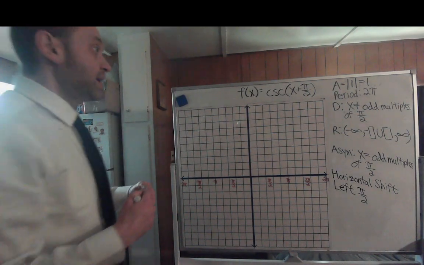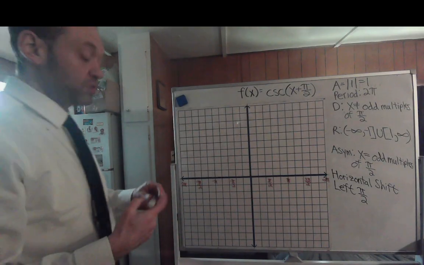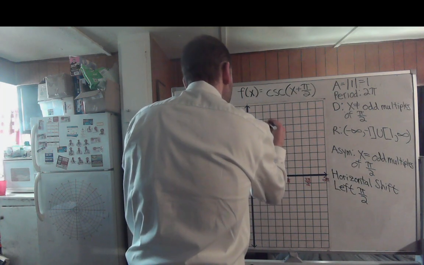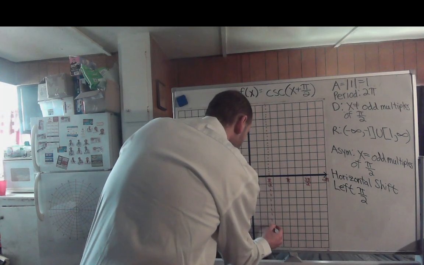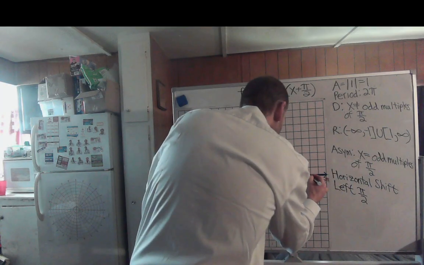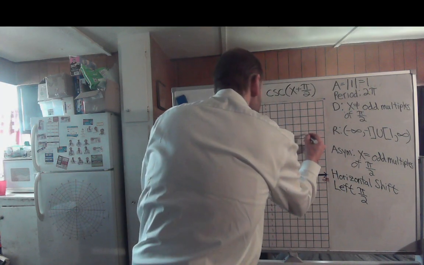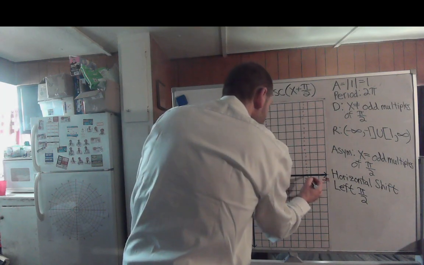Alright, so the asymptotes are going to be at odd multiples of pi over 2. So let's go ahead and graph these asymptotes to start. So yes, it's starting to behave a lot like a secant graph.